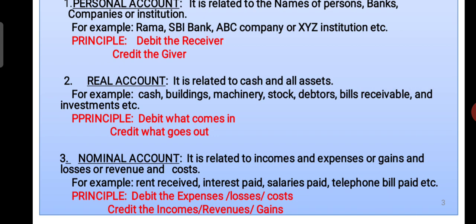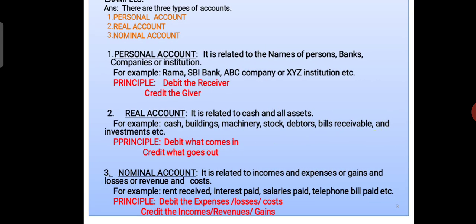Students, these three principles are very important for you to understand the accounting system. If you are unable to understand these principles, you can't learn accounting. So you have to understand all three types of accounts and their principles. Let me ask you the principles of each account.